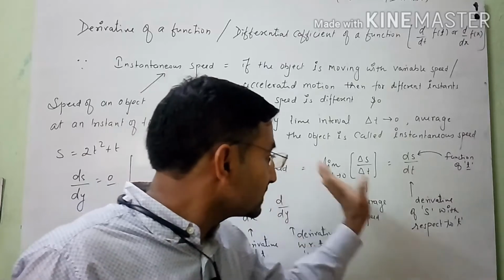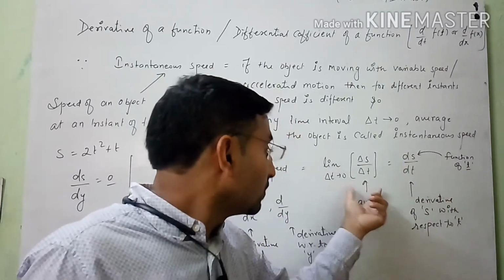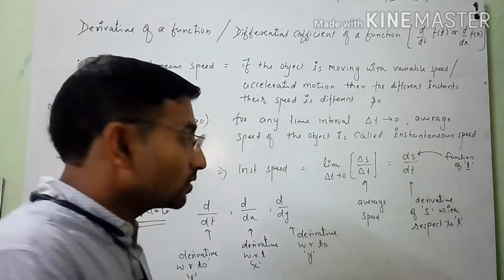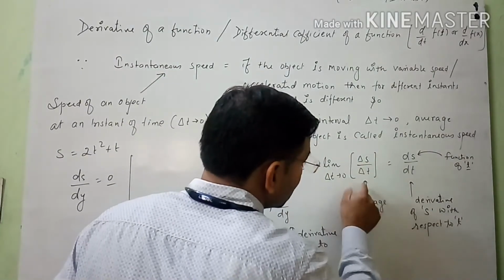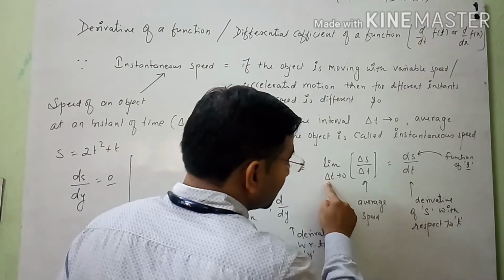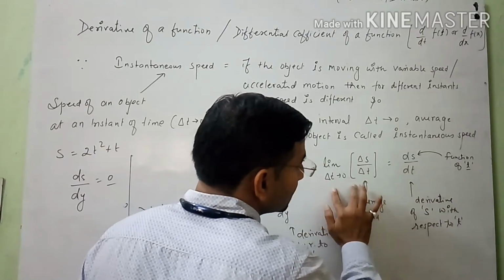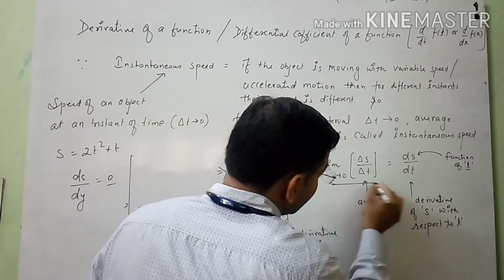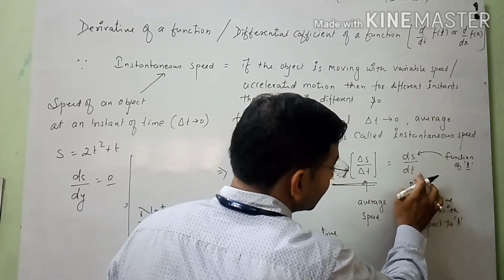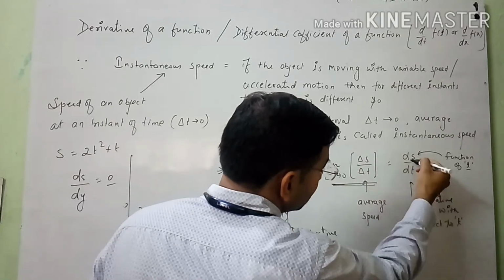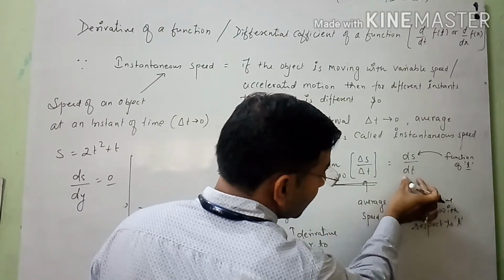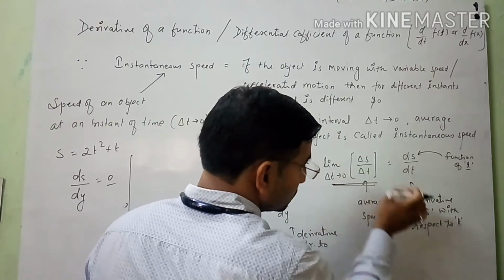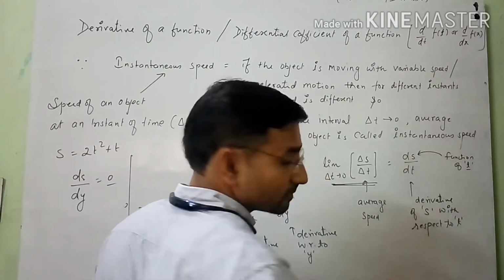And this instantaneous speed, after this limiting value, we can write in the form of derivative terms. This whole value is very small as delta t tends to 0, so I will use another form, meaning this part is converted into derivative form like this. So here I will use ds upon dt. This derivative form we discuss as delta t tends to 0. So this is the value.